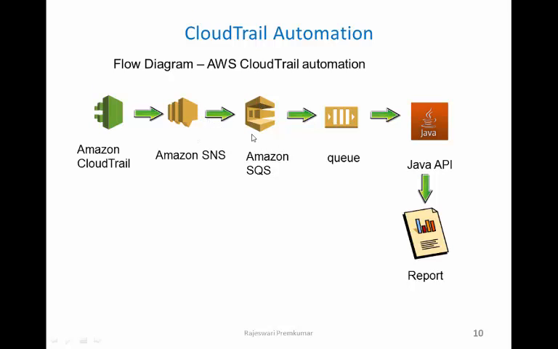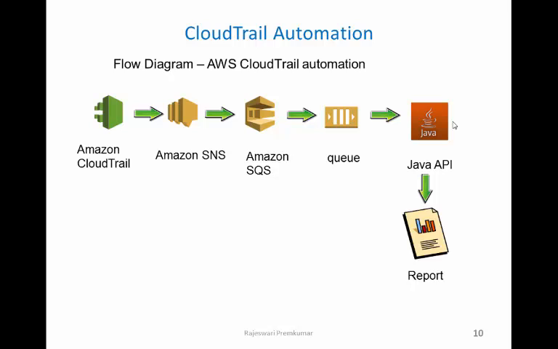After that, you have to create an Amazon SQS queue to get these notifications. Basically, you have to subscribe the SQS queue that you create to the SNS topic, and once the notifications keep coming to the SQS, you can fetch them from the Java API program, and you can get the event data in the program, and then you can try to parse it or do any actions out of it.